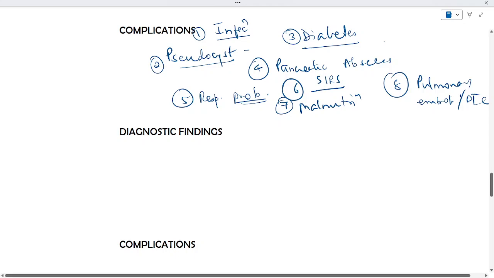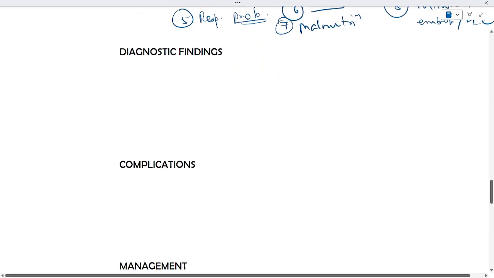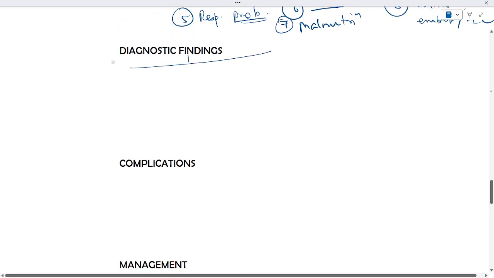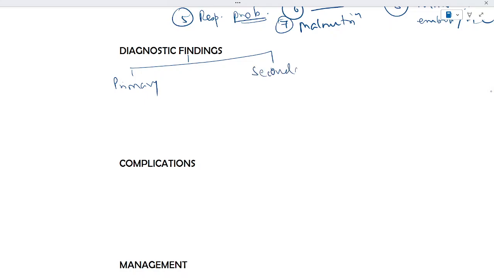Diagnostic findings: these are divided into two, the primary tests and the secondary tests. The primary tests involve serum amylase, serum lipase and urinary amylase.